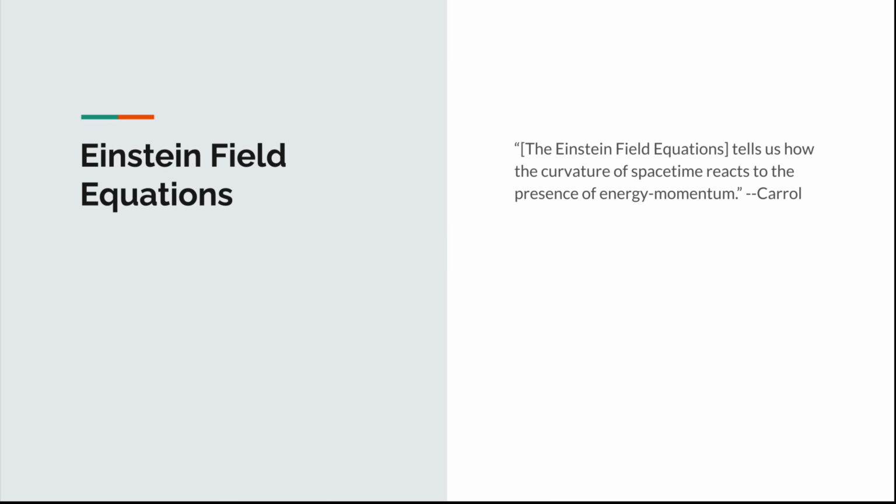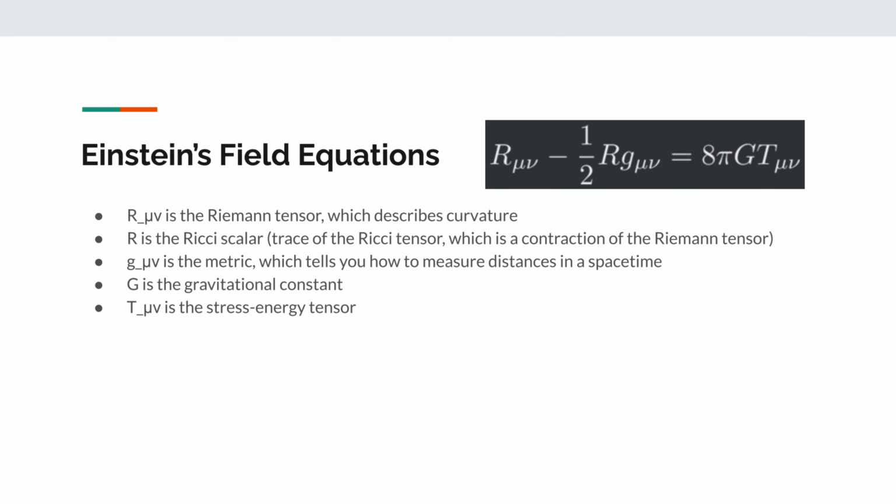Okay, so first thing is the Einstein field equations. The Einstein field equations tell us how the curvature of spacetime reacts to the presence of energy and momentum, quote by Carroll. So this is the general Einstein field equation, where we see R mu nu is the Riemann tensor, which describes curvature. R is what's called the Ricci scalar, which is basically just a number that is derived from the Riemann tensor. It also talks about curvature.